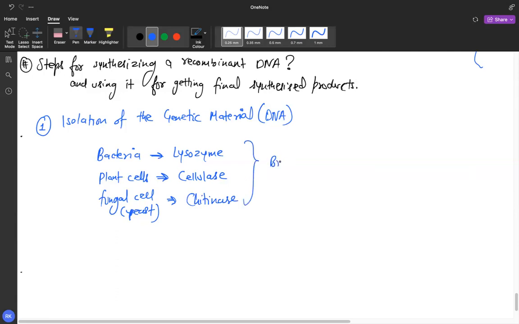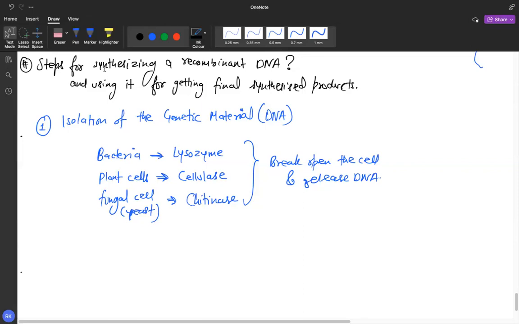So all these are used to break open the cell and release DNA in the solution. After that, we will purify and we will get rid of other impurities using other enzymes that degrade protein, lipids, starch, etc.